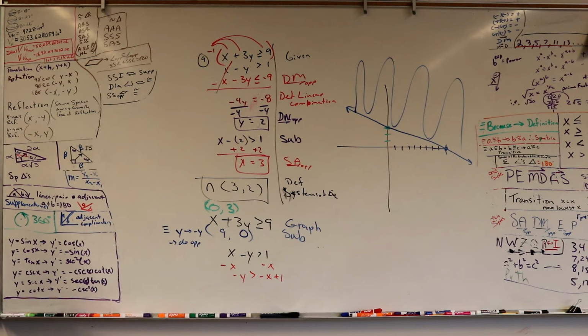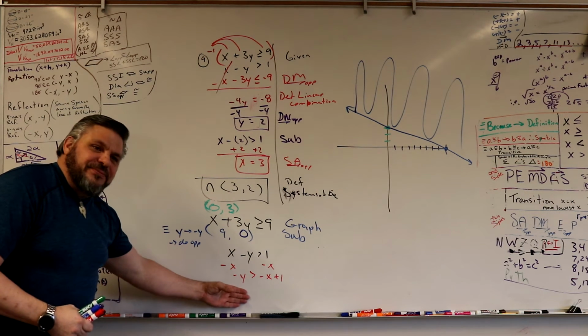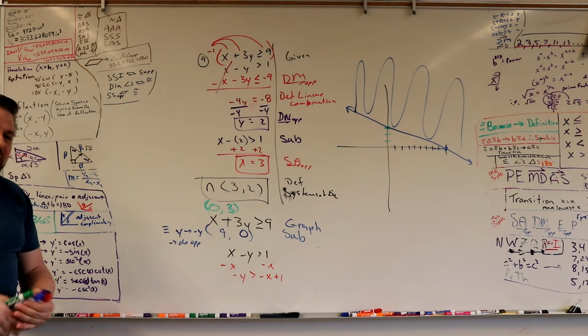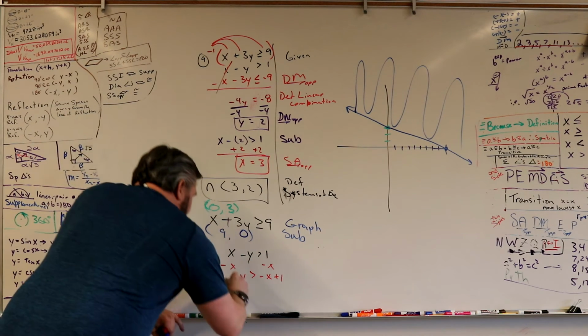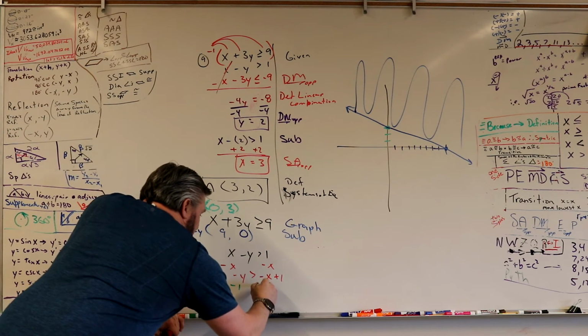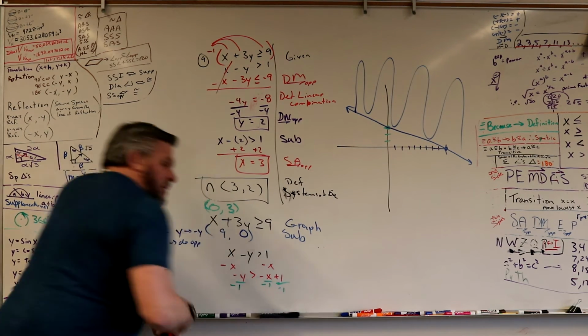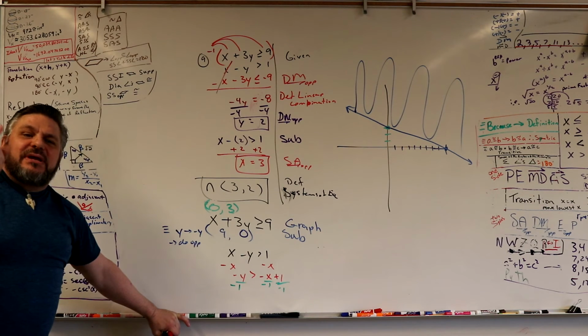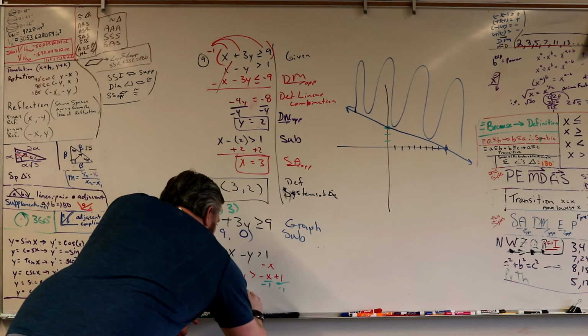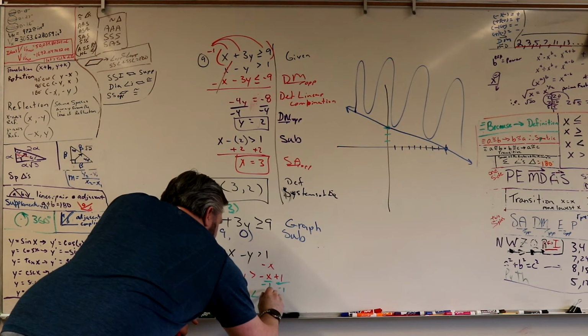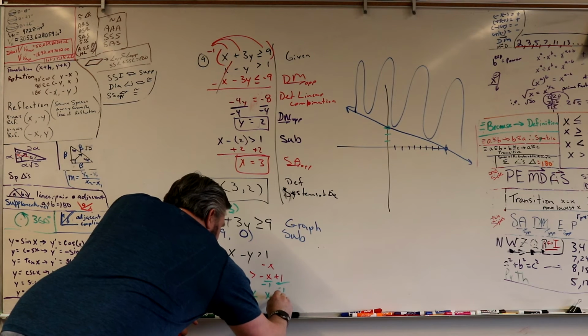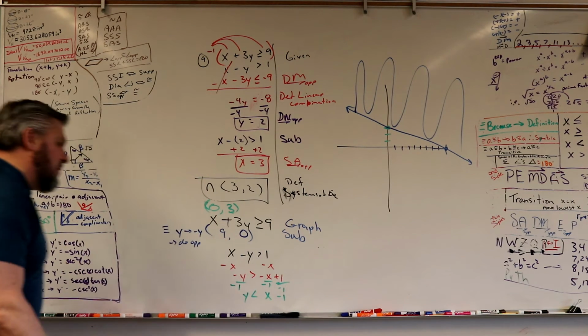Now, remember how I said if the y is negative, you do the opposite? And this is why. Because when I solve for this, I have to divide by negative 1, right? Which means everything is divided by negative 1, so all the signs change. That means the sign flips, right?